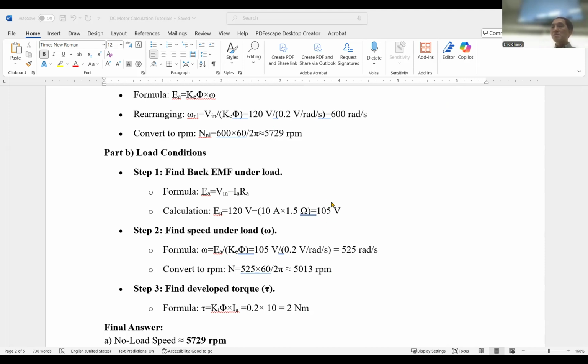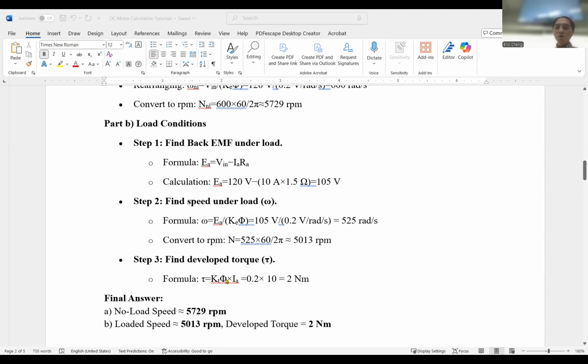Once we have the back EMF, we can use the back EMF equation to calculate the rotational speed, by dividing by the torque constant, which we know. So 525 corresponds to 5,000 RPM. You can see that without any load the speed is of course faster, the top speed. Here the speed is 5013 RPM, slightly dropped because of the voltage drop in the resistor.